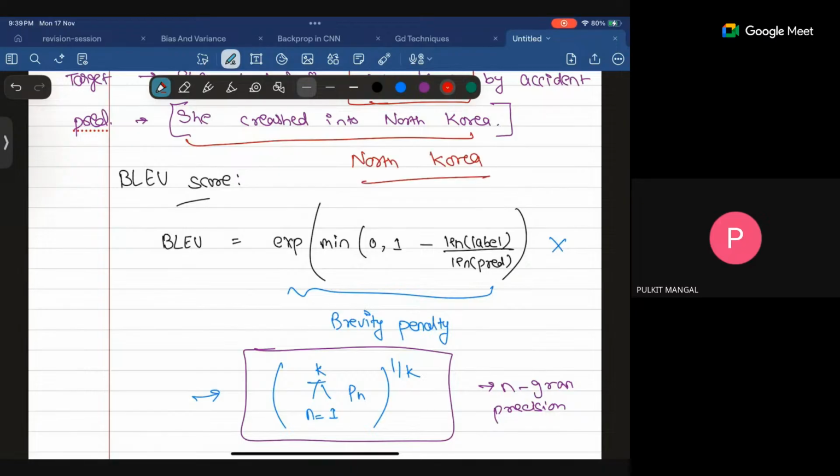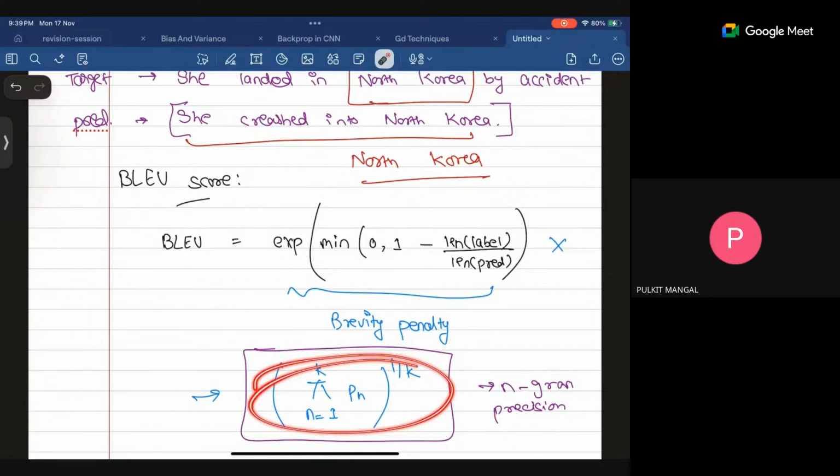Then tell me what will be the value of this term. 1. Not 1, it's 2 by 2, 1 into 1. Yeah, 1 power anything is 1, correct. So this value will give us 1, which is a very good score.